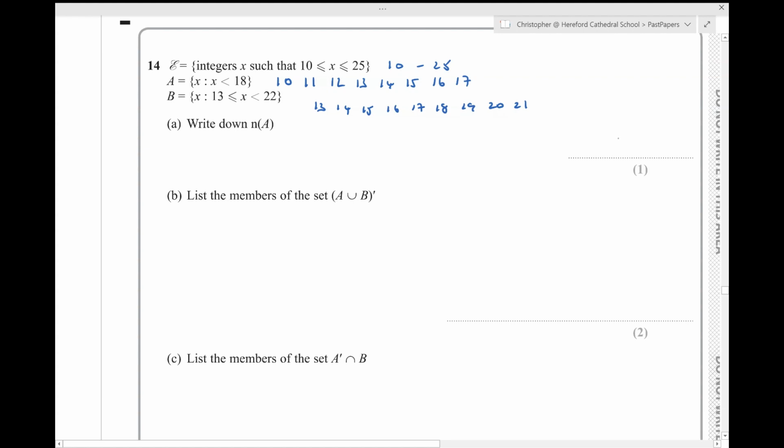So there are 8 elements in A. List the members in the set not A union B. Okay, well, let's think about what is in A union B to start with, in A or B. Well, anything from 10 to 17 is in A, and then 18, 19, 20, 21 are in B. So anything from 10 to 21 is in A union B. So not A union B is simply going to be the rest. So that's going to be 22, 23, 24, and 25.